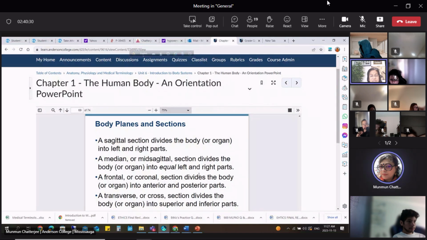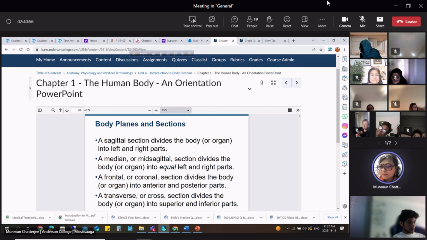Here are your options: transverse section, frontal section, sagittal section. What is going to be the answer? Sagittal. So you understand how to dissect out the questions?